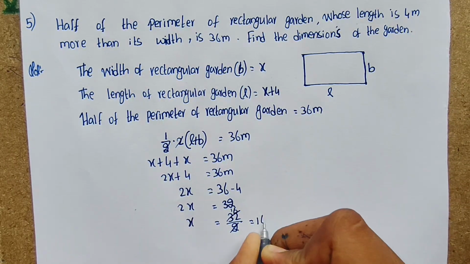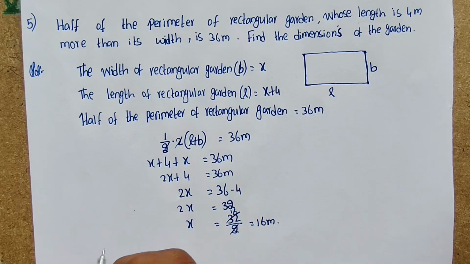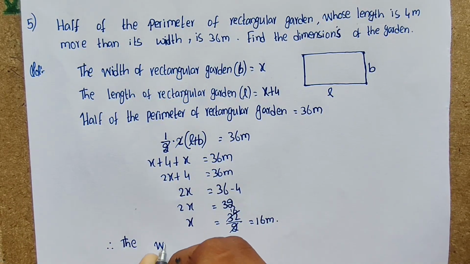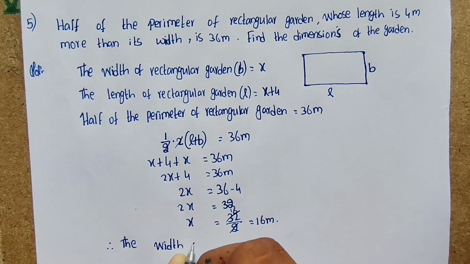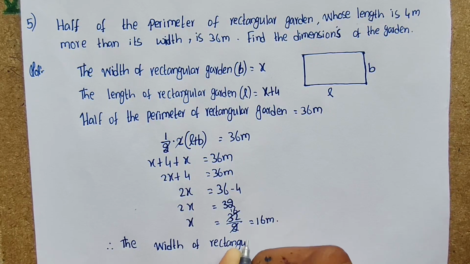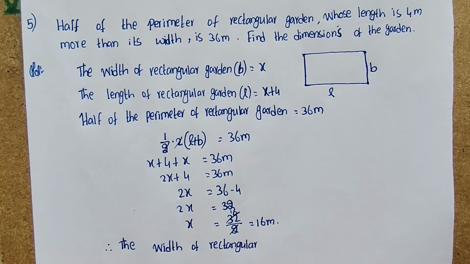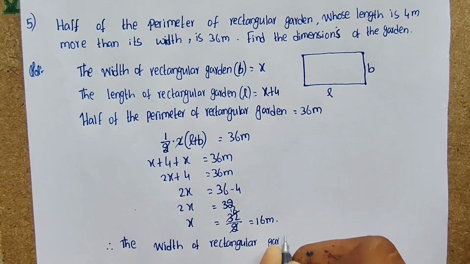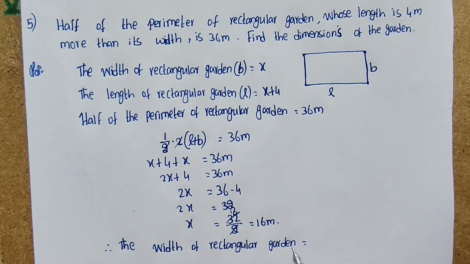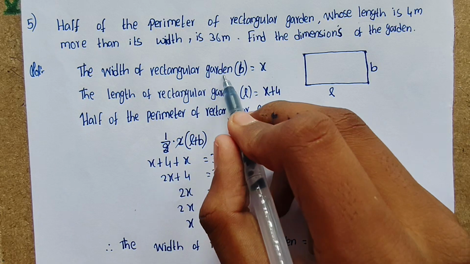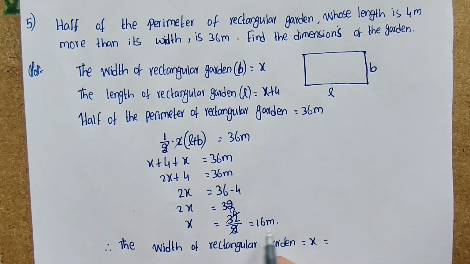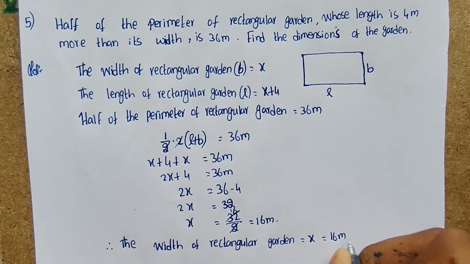So we got x equals 16 meters. Therefore the width of the rectangular garden, which we took as X, is 16 meters.